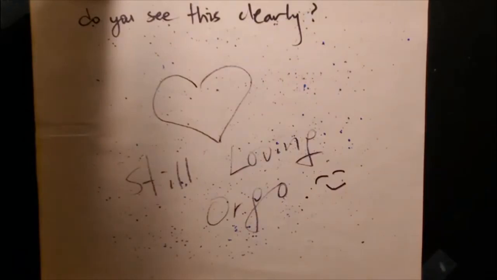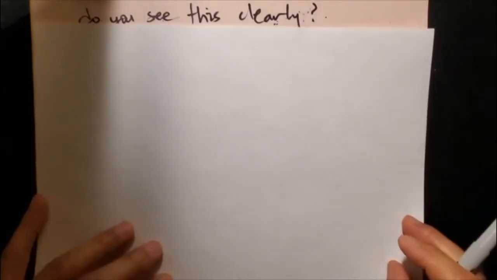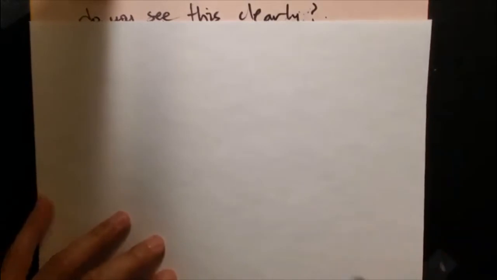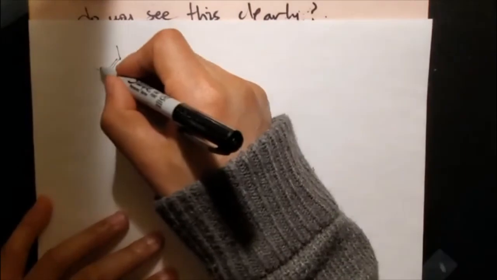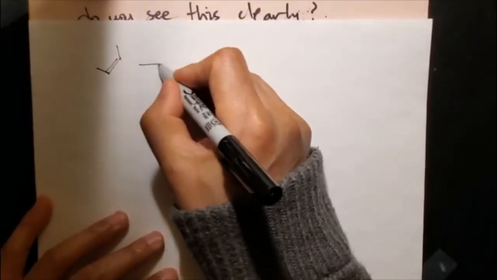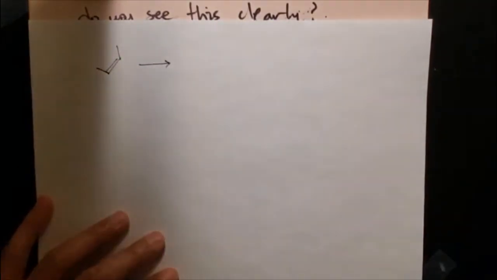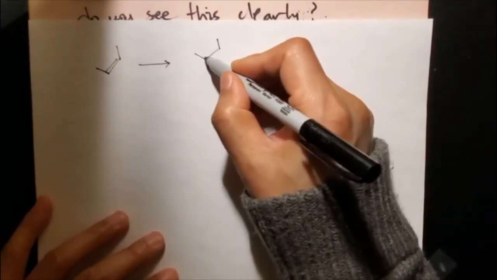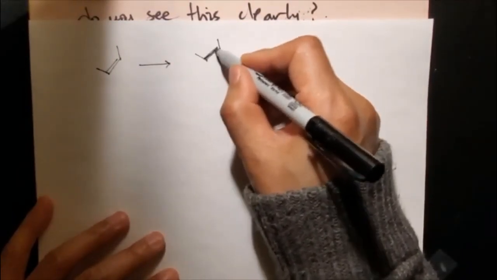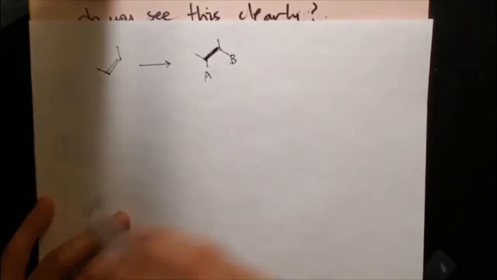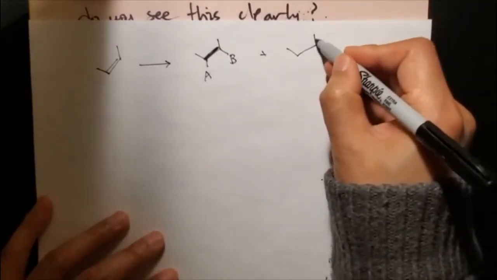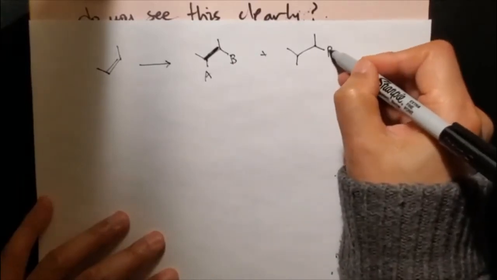Let's get another piece of paper. A couple more entries from earlier videos about selectivity. Well, when you have a double bond like this, how do you add something in the double bond as a syn or as anti?